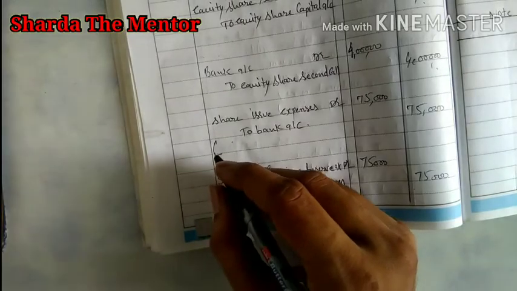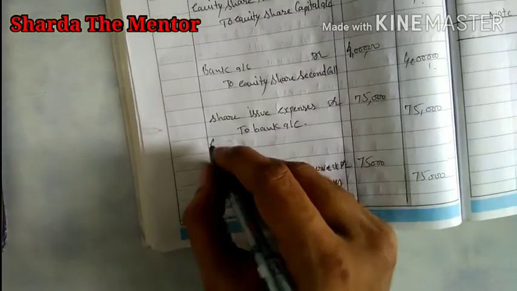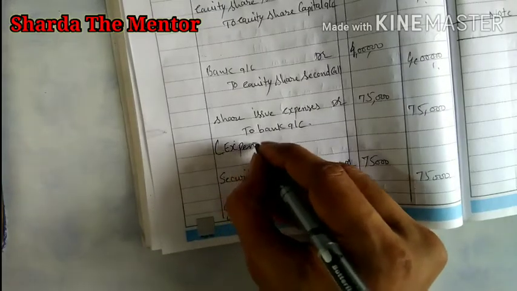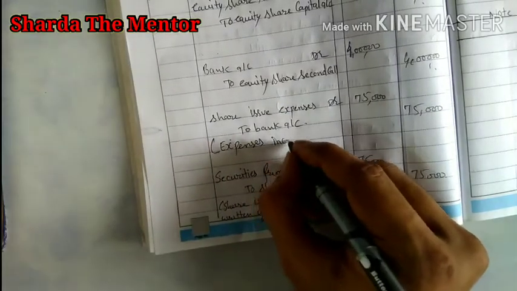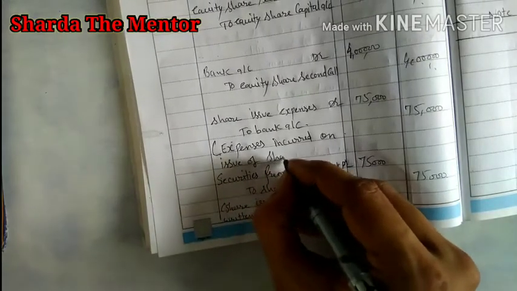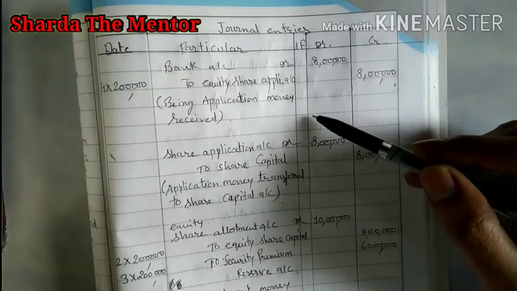Here you will mention narration that expenses incurred on issue of shares. I am repeating all the things.